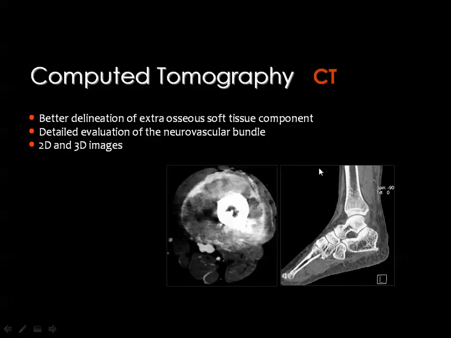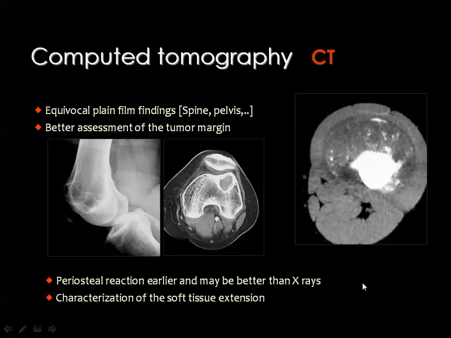Also, the recent versions of the CT scans can perform high quality 2D and 3D imaging, and it plays an important role in the detection of the craniocaudal extension of the lesion, to show the cortical destruction and to show the matrix calcification. Then CT is helpful in evaluation of some of the lesions which cannot be accurately seen on the plain X-rays.